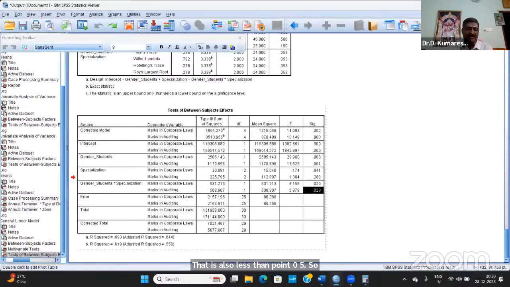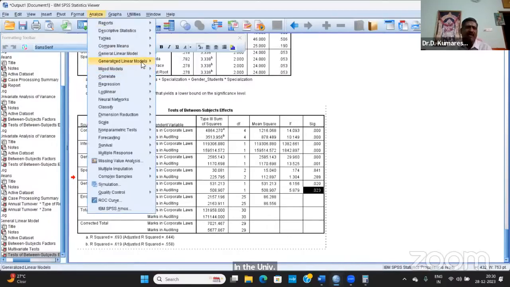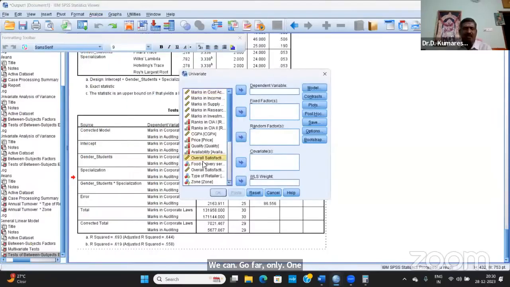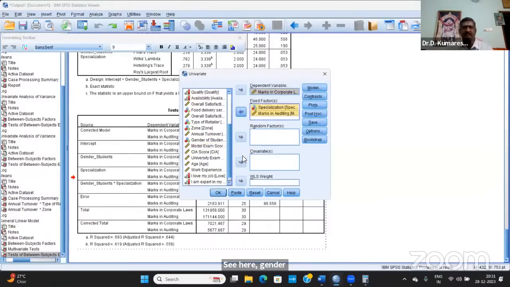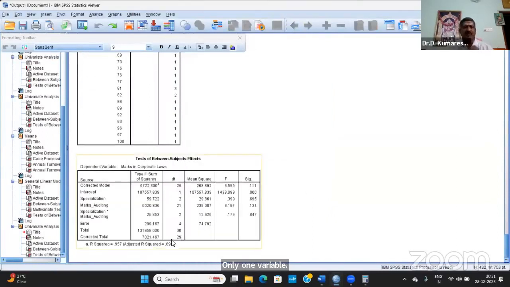So what we understand, in the univariate, we can go for only one dependent variable. Suppose marks in corporate accounting. See here, gender and specialization. Only one variable we have chosen. Marks in cost accounting, corporate law.